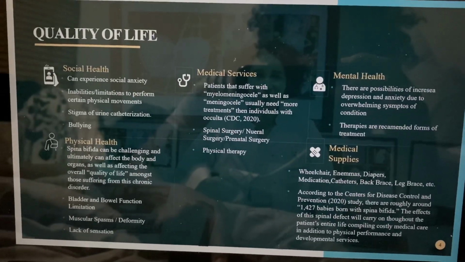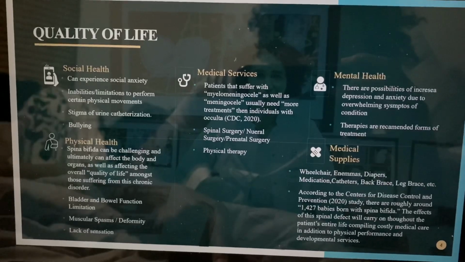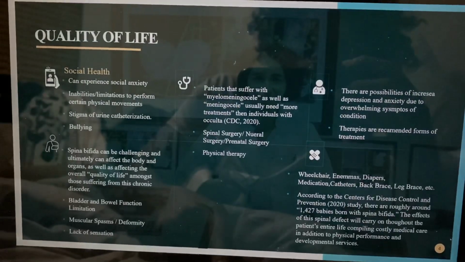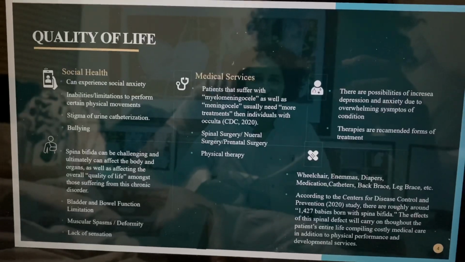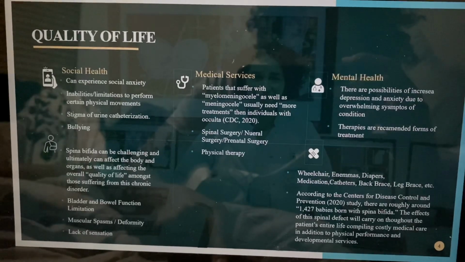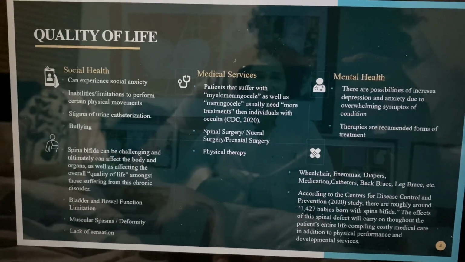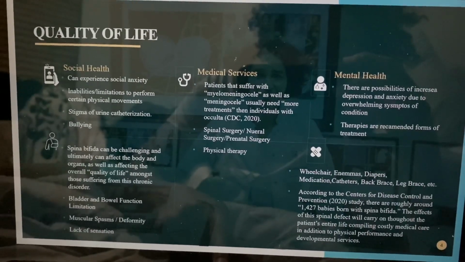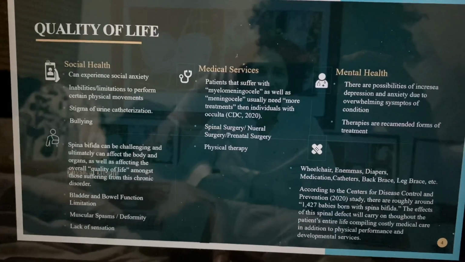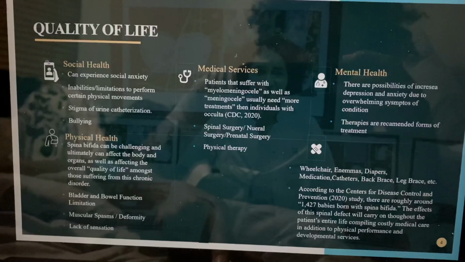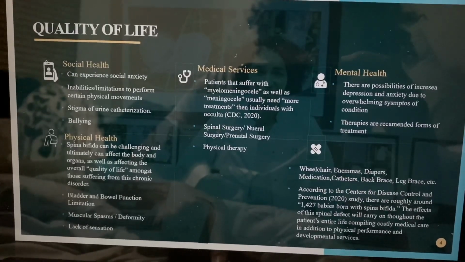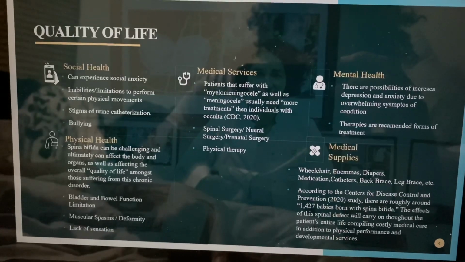In a nutshell, with this kind of chronic condition, patients can experience some social anxiety, limitation to certain physical movement, a stigma around urine catheterization, and most of the time bullying because of lack of knowledge of this particular disorder. Medical services include any type of surgeries or doctors that you have to come across, including your physical therapist.